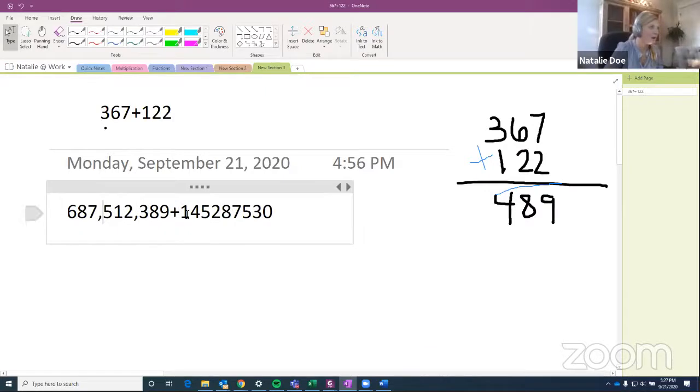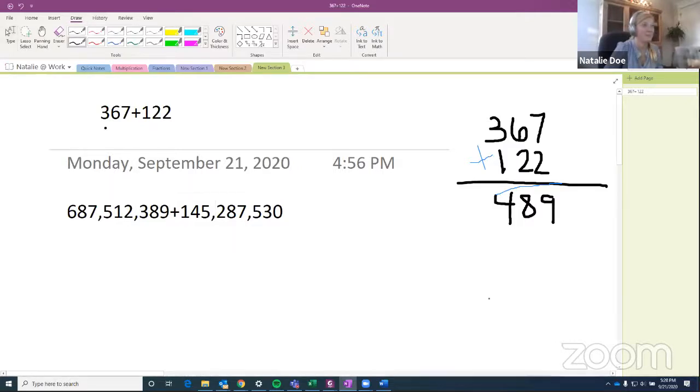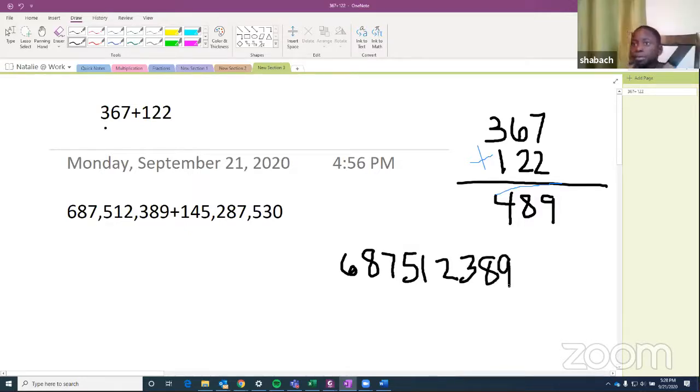So we are talking about adding hundreds of millions. That's a lot of numbers. But we're just going to do it the same way. Make sure everything lines up. So, all right, here's our 6, 8, 7, 5, 1, 2, 3, 8, 9.